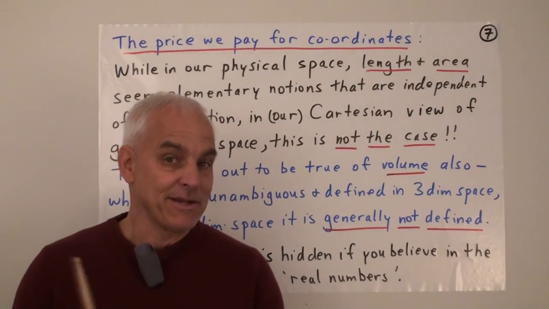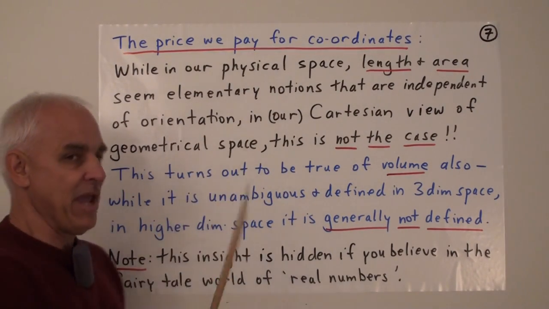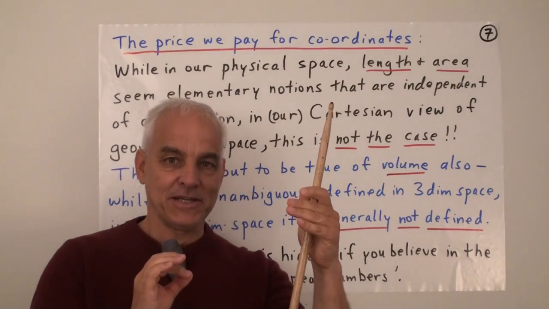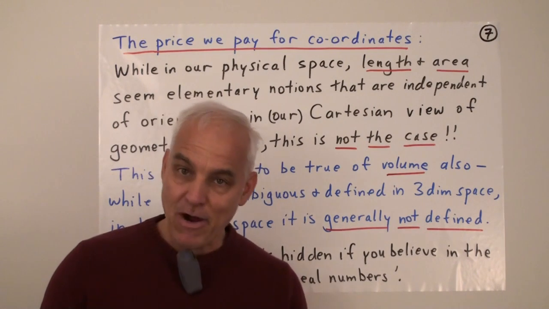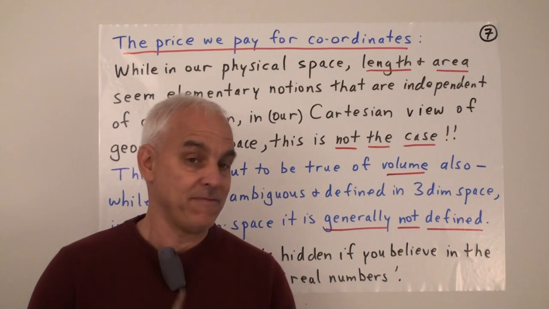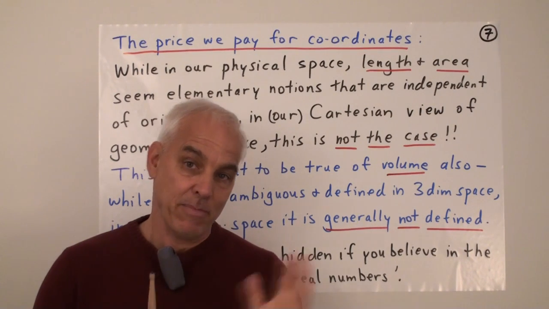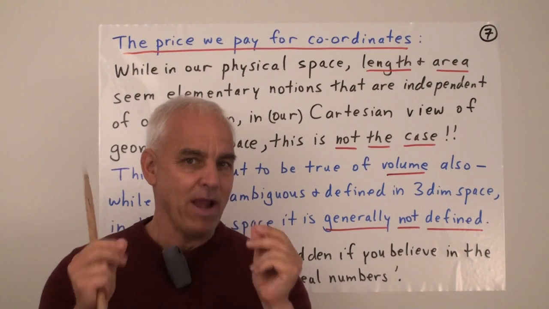So this phenomenon is closely related to what I called in an earlier video the price we pay for coordinates. This idea of a Cartesian coordinate system to define our mathematical space is a very powerful and absolutely crucial development in modern mathematics, going back to Descartes and Fermat. We also have to pay a price for this.